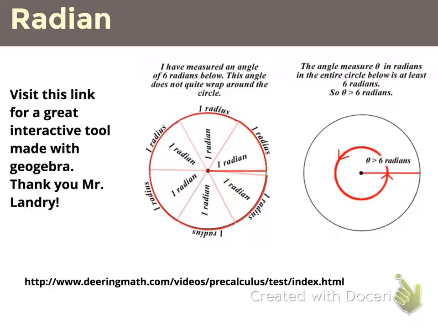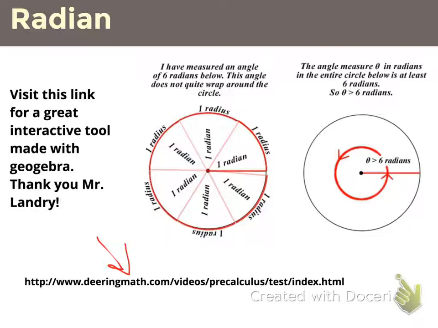So I found this wonderful interactive game at Deering Math. Thank you, Mr. Landry. And he also has built a wonderful interactive tool we'll be using in class with GeoGebra, a little slider to help us understand.